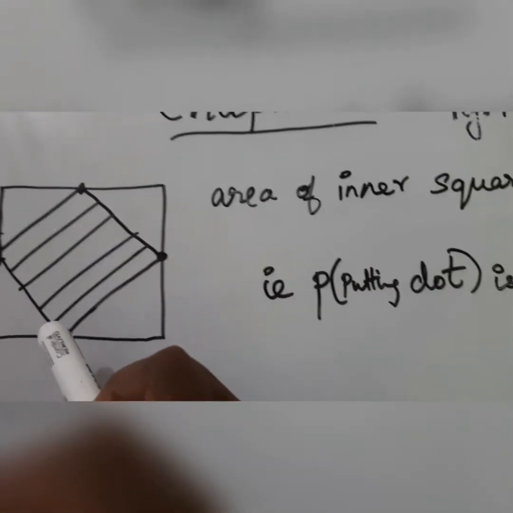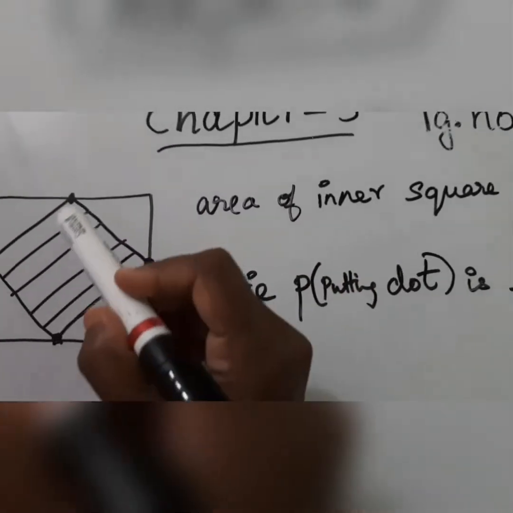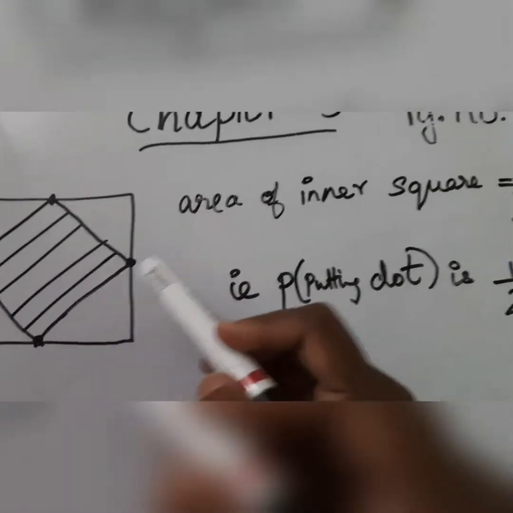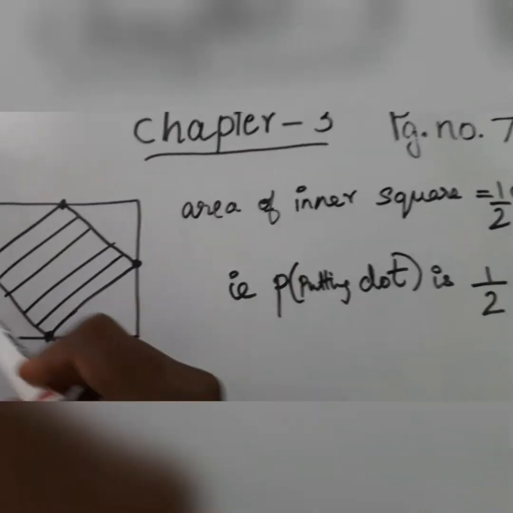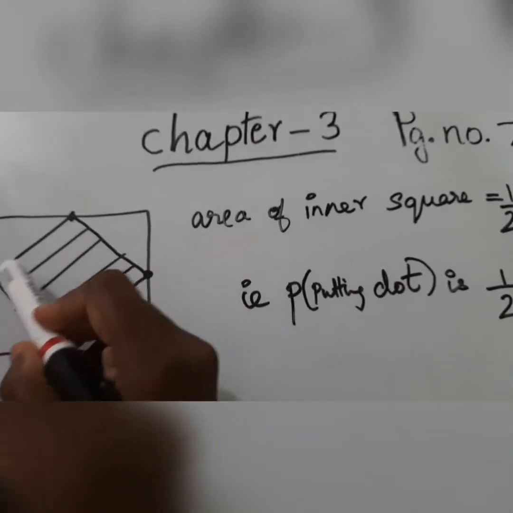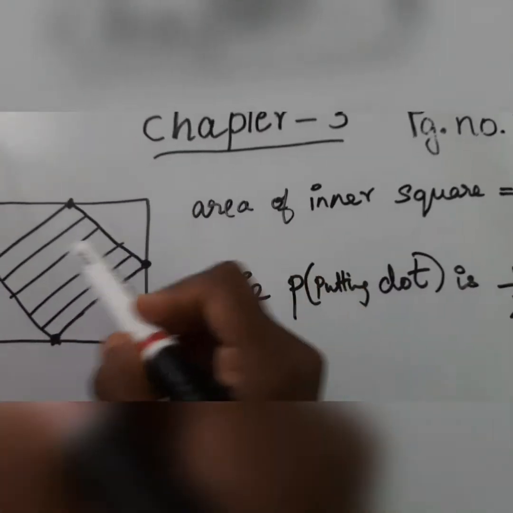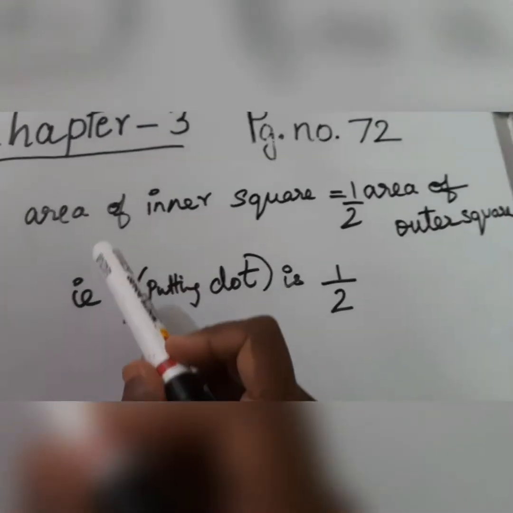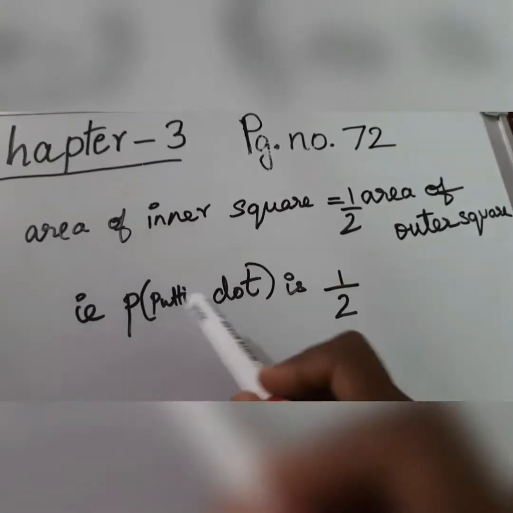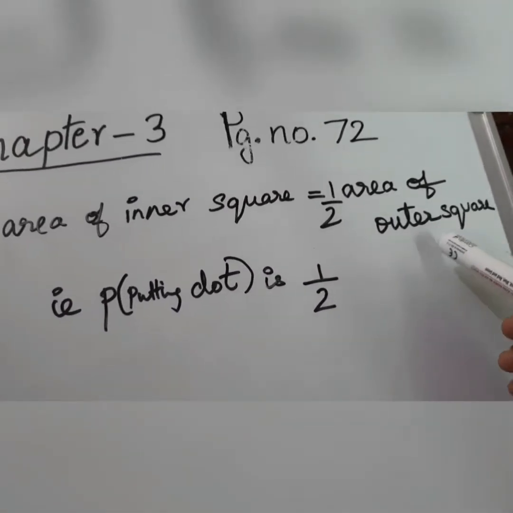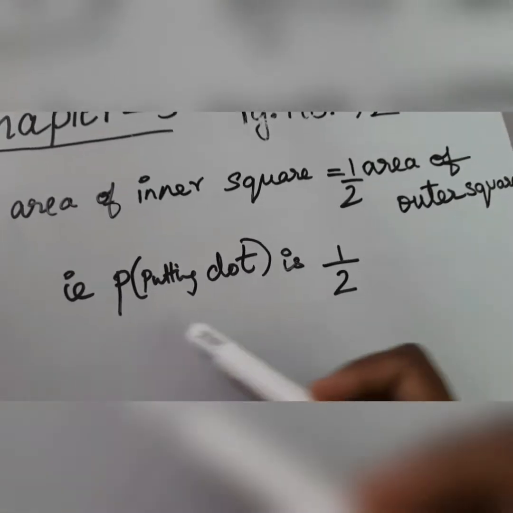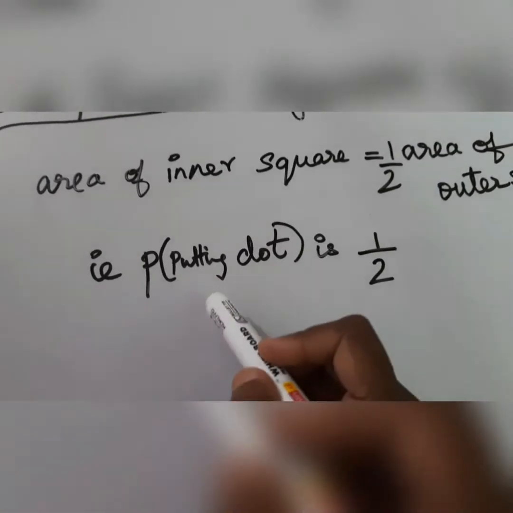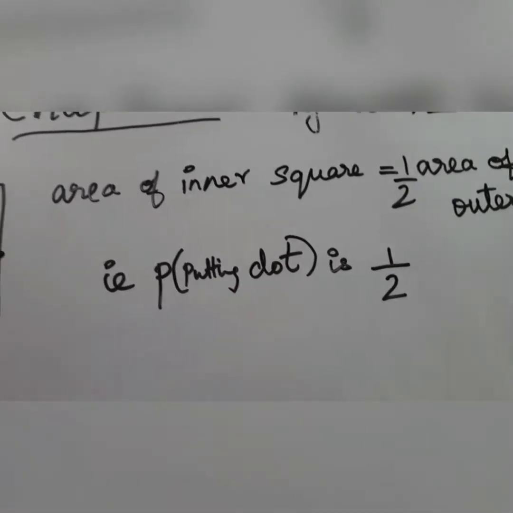We know that this is a square and this is the midpoint, and we get another square, so we can use this: the area of the inner square is equal to half of the area of the outer square. That means both have a 50-50 chance. So the probability of putting the dot is 1/2.